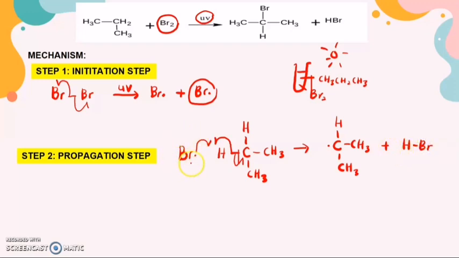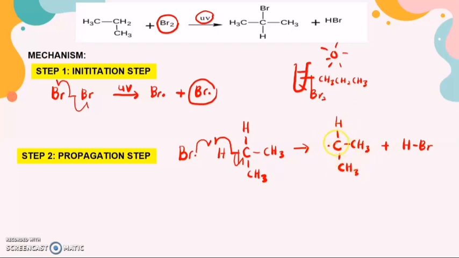You see, this free radical of bromine becomes stable after it attacked the neutral compound. It attacked the hydrogen from the propane and becomes HBr. But this reaction produces another free radical, and this free radical is also a reactive species.